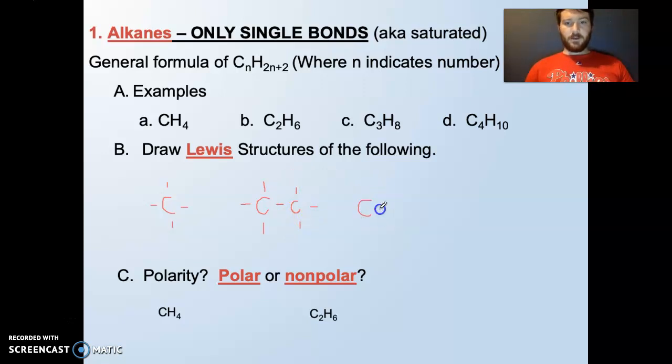C3H8. 1, 2, 3, 4, 5, 6, 7, 8 hydrogens. Good. And carbons are all good. 1, 2, 3, 4.